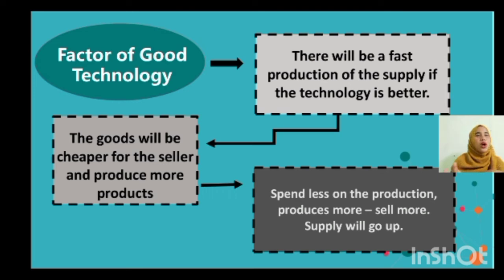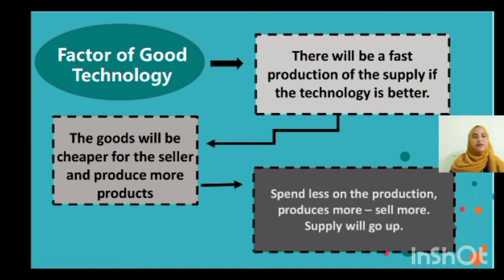They want to advance their technology to minimize manpower, or the human resource, so they can save on the salaries of their employees. So if we spend less on production, we produce more, no? And if we produce more, we sell more. And if we sell more, the supply will go up.